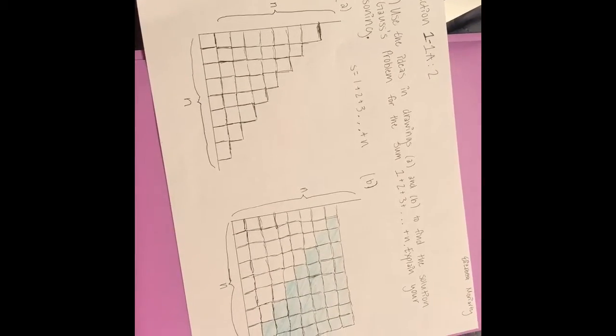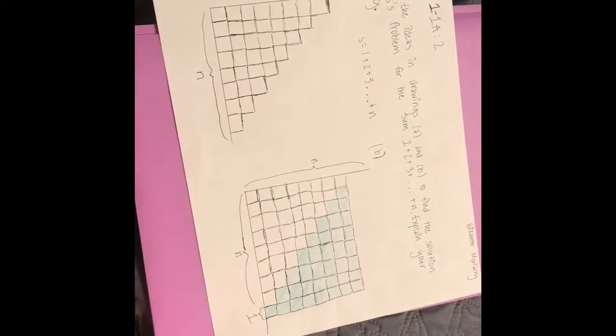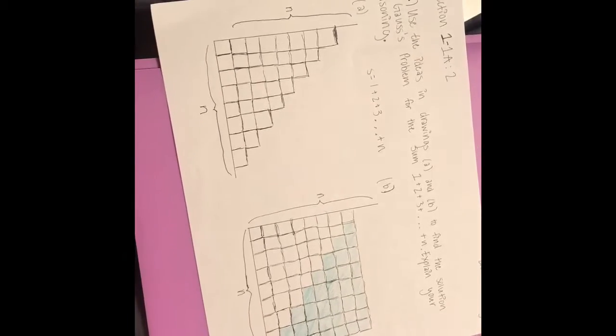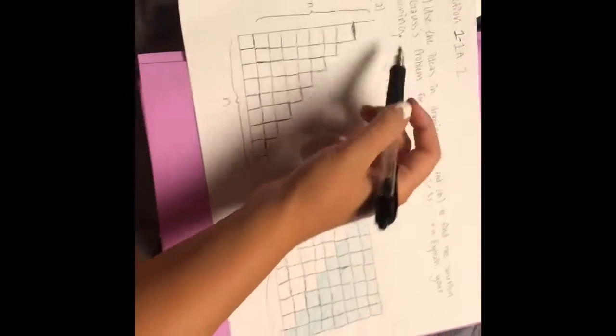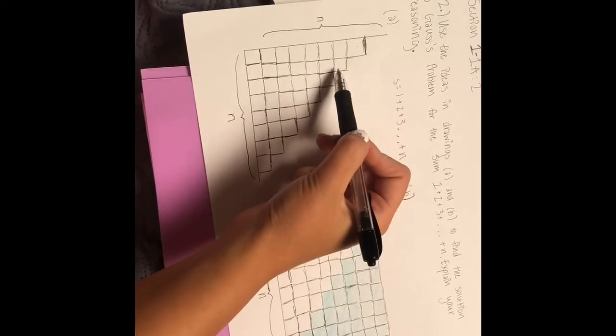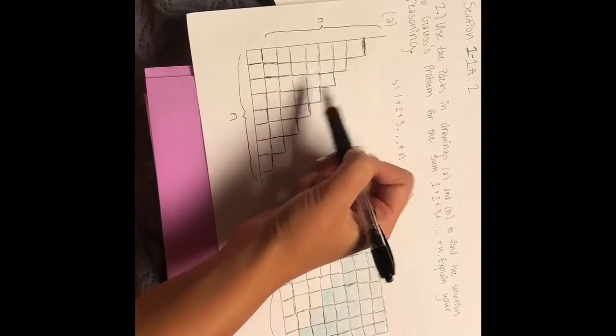All right, now that we've explained Gauss's sum, we can finally go back to our problem. You might be sitting here thinking, how do I find the solution to Gauss's problem using these two figures? I'm going to explain that right now. Looking at figure A, it's kind of like building a staircase. First we have 1 block, then 2, 3, 4, and so on.